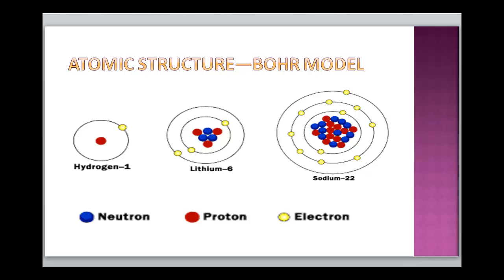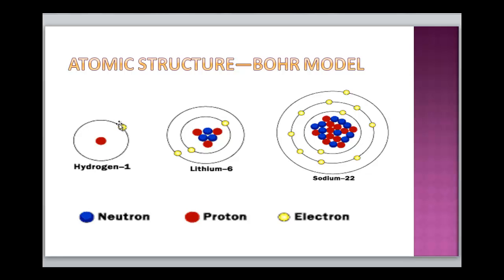So, through the work of Dalton, Thomson, Rutherford, and then finally Bohr, we come up with a general representation of an atom. We now currently think of the electrons moving in a cloud, but Bohr, following again the work of Dalton, Thomson, and Rutherford, began to picture an atom having different energy levels that electrons would move around in.